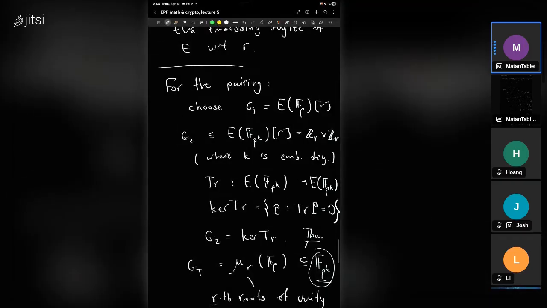So G2 is living in E(F_p^k). This is not the original group of the curve over F_p. It's the group coming from the curve over an extension of the field. So it's important that in the pairing we use these observations.